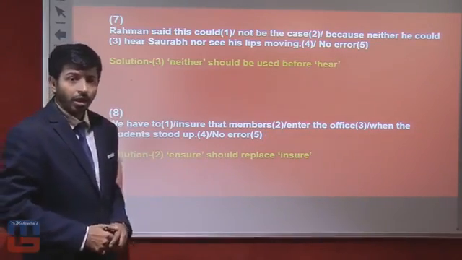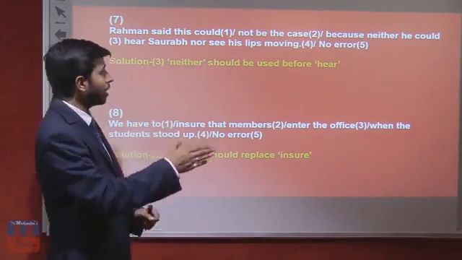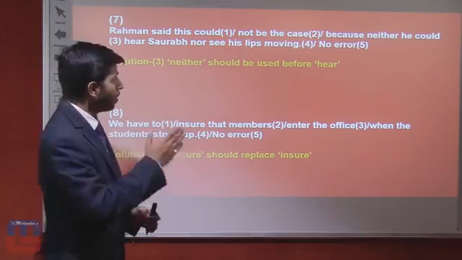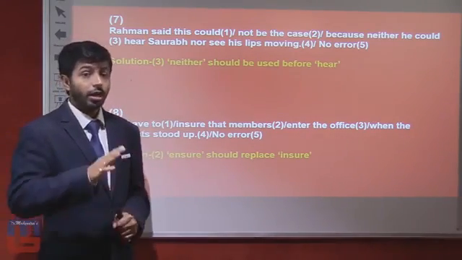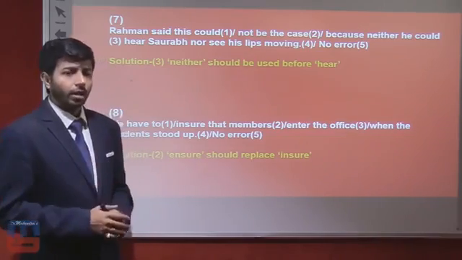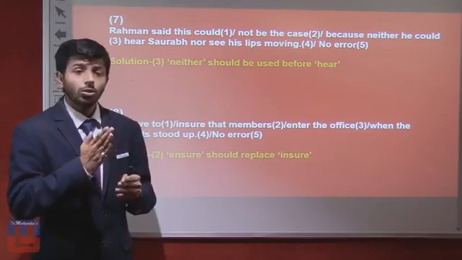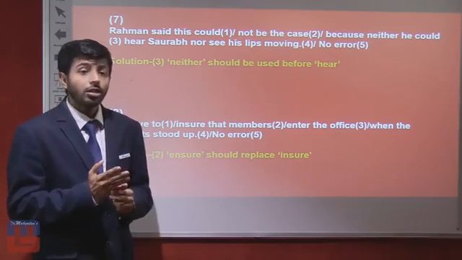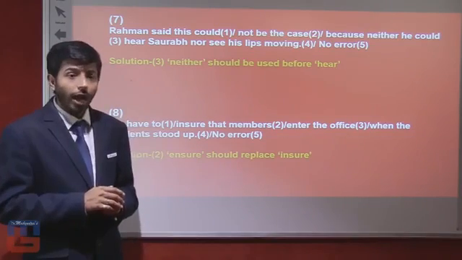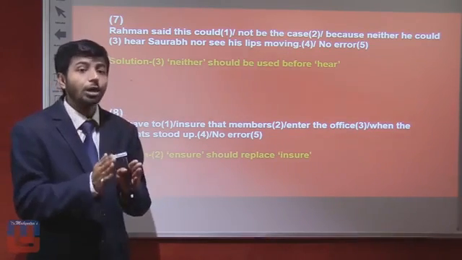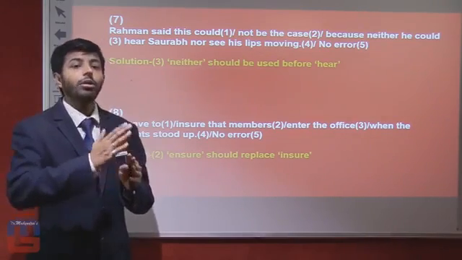Next, Rahman said this could not be the case because neither he could hear Saurabh nor see his lips moving. No error. So is there an error? You must remember one thing, when a sentence is based on neither nor, either or, not only but also, there is a rule which is generally asked in such sentences: you have to use parallel parts of speech after neither nor, either or, not only but also.